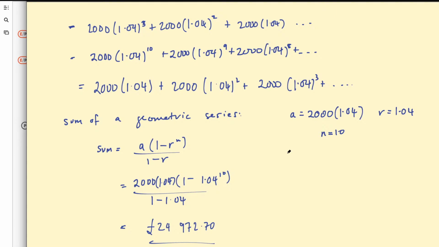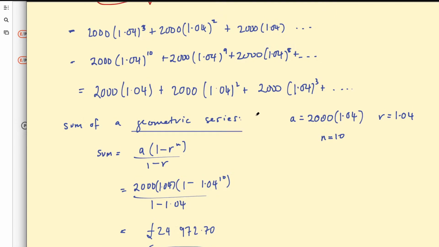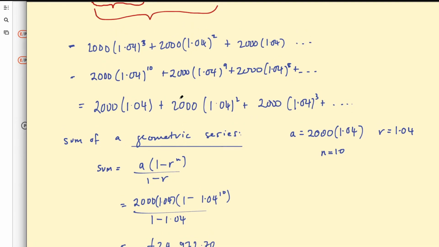It's geometric series, sequences. This is an A-level topic. You could figure it out without that. I mean, you could just sum all these up, calculate them all, sum them all up, and you get an answer.